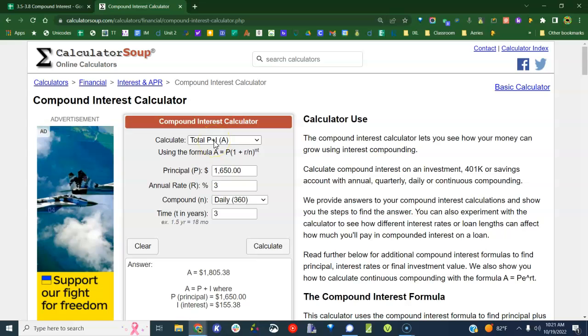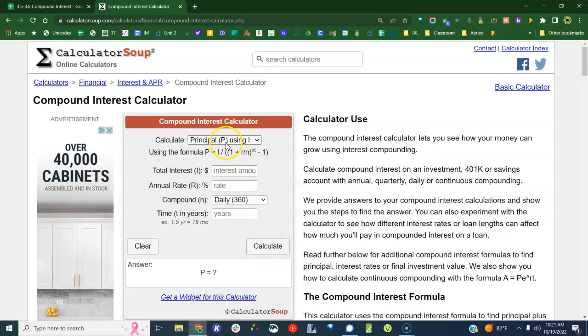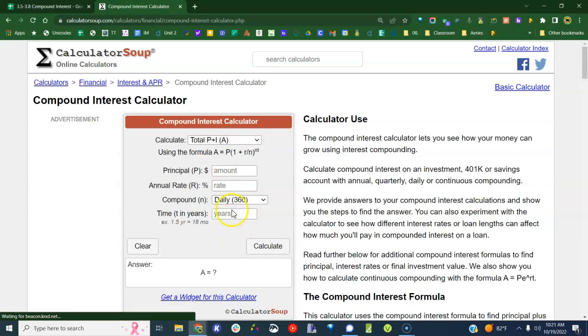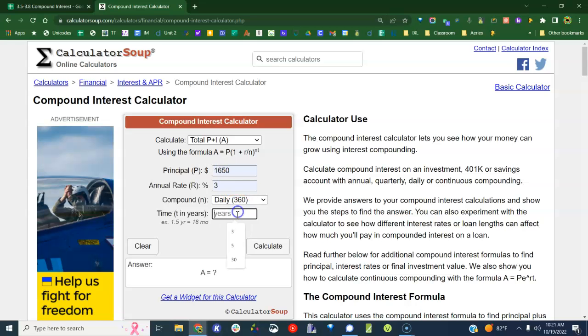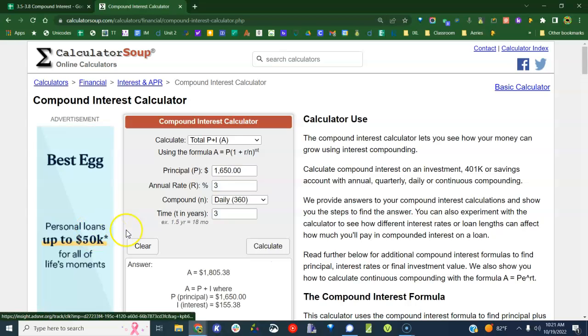If you just want to know what the interest is, you can change it and say, I just want to know what the interest is, right? And it'll give you just that amount. But usually we want to know how much you have in the bank, basically. So we put P plus I there.